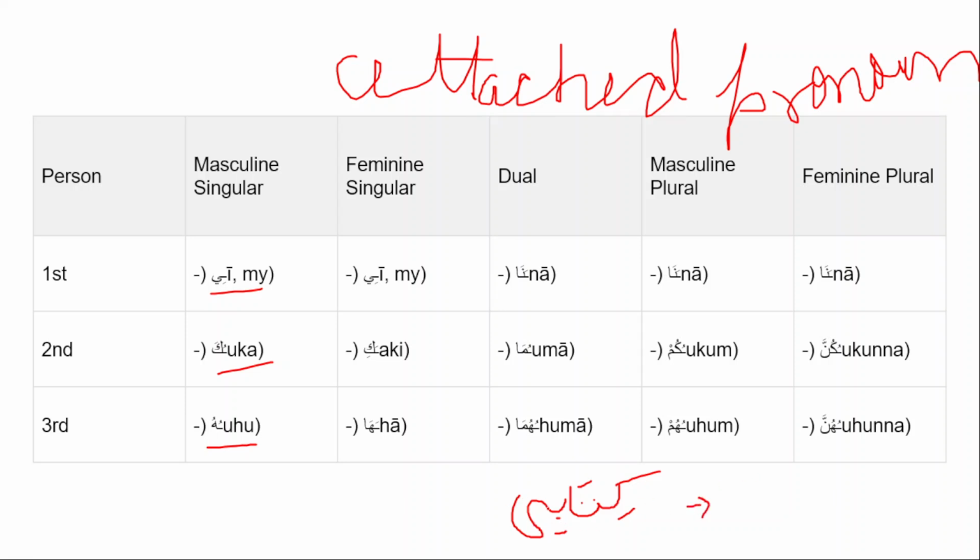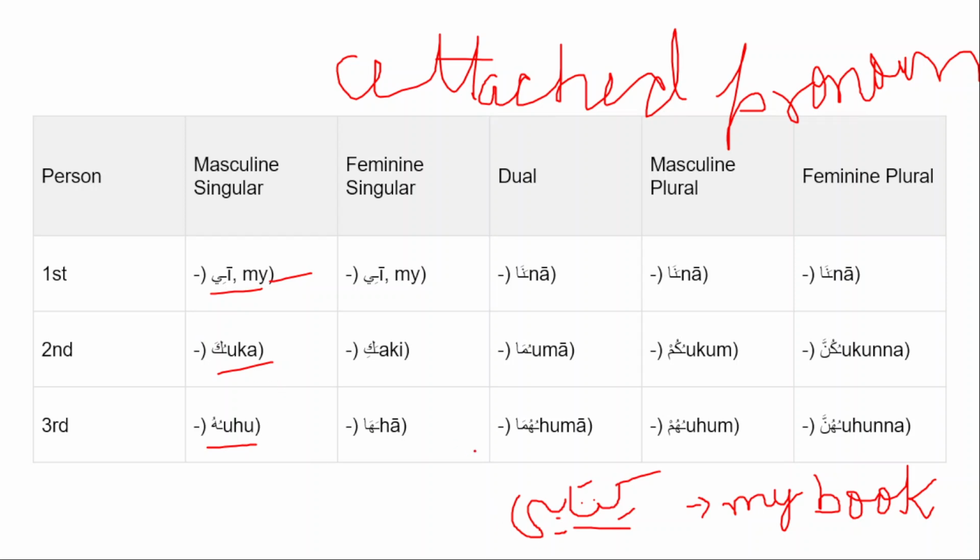Kitab means book, and when you add ya, it means my, so it refers to my book. The ya is attached to the noun kitab, so it is called kitabi.